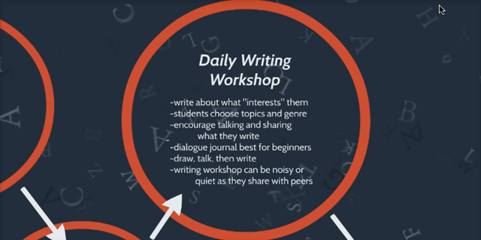So the research suggests that maybe a dialogue journal is a better way to start with children who have the least amount of experience with writing. In this way, the teacher becomes the audience, and it becomes clear to the child who the audience is. And the teacher will write back and forth with the child, and so they establish this sense of writing for an audience.